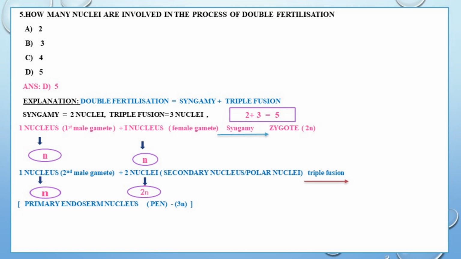As you know, in double fertilization, two processes are involved, that is syngamy, fusion of the egg cell and the first male gamete, and the triple fusion, where the second male gamete will fuse with the polar nuclei to form primary endosperm nucleus, that you know.